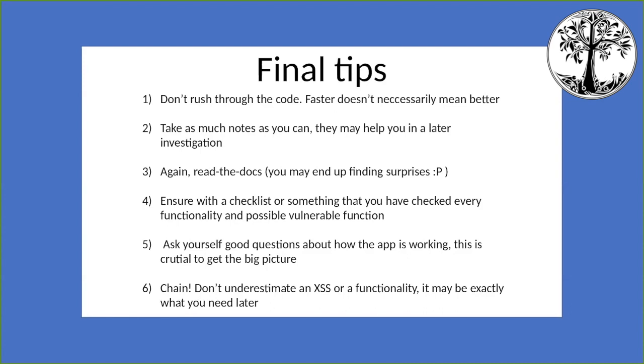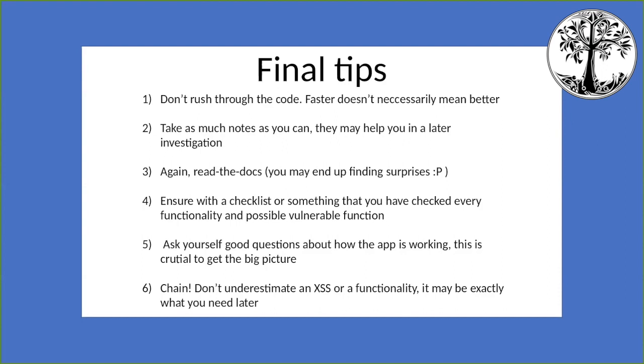Also, this is the way I do it, but I think many people do it this way too. Get a checklist. Whenever you are testing anything, you should get a checklist of what you have tested in which endpoint. It is useful to have a checklist because sometimes, normally with really huge applications, you miss something.